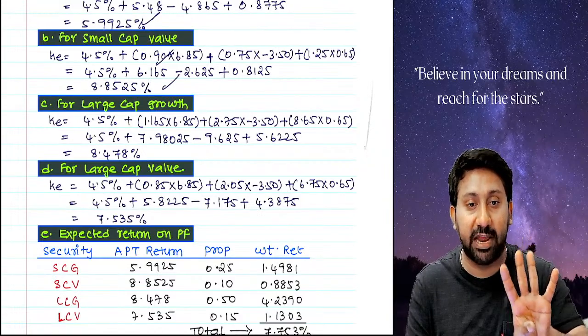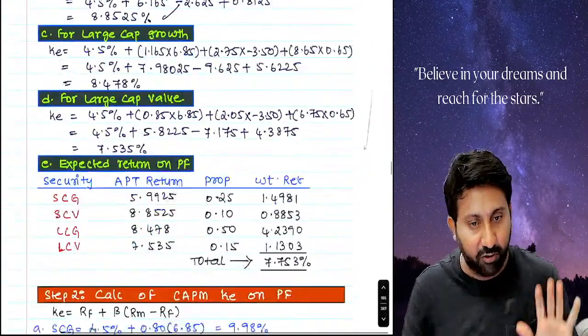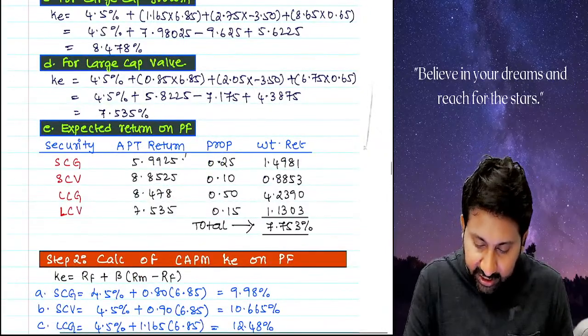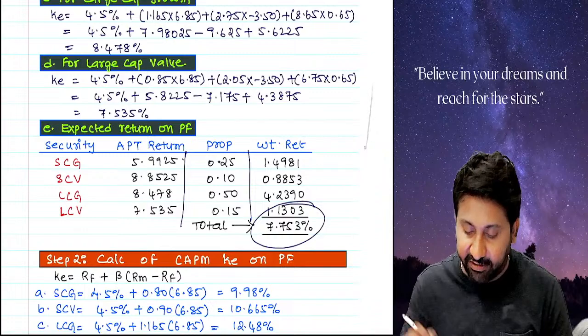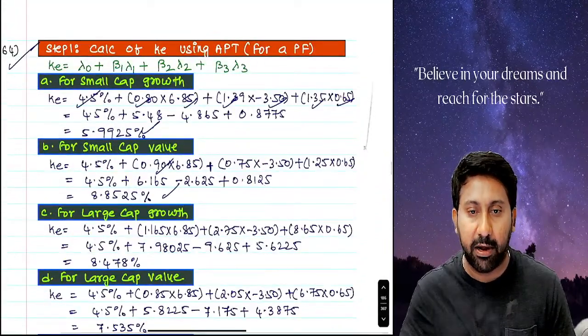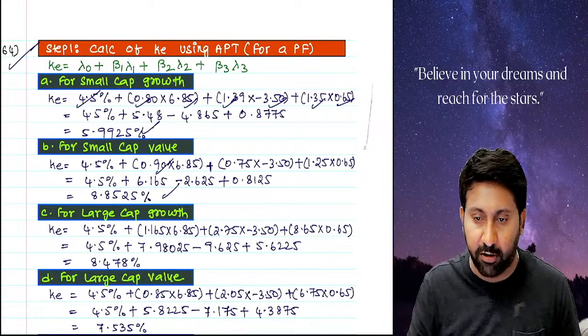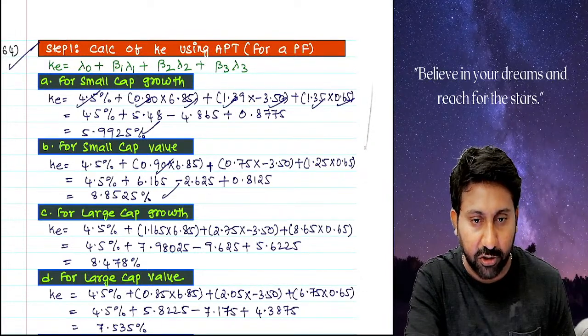I am holding 4 securities: small cap growth, small cap value, large cap growth, and large cap value. The returns of the 4 securities are calculated. I invested in some proportion, and now you have to calculate the average return. That's all, but you have to remember the formula. Apply it properly and you will get the final answer clearly. Up to here, did everyone understand the point clearly?